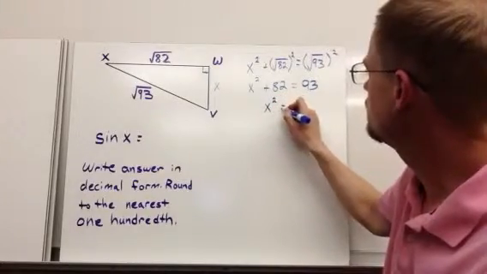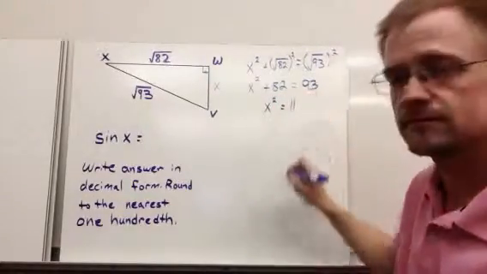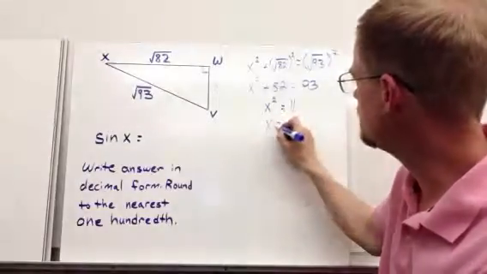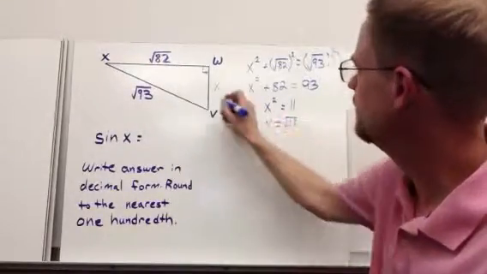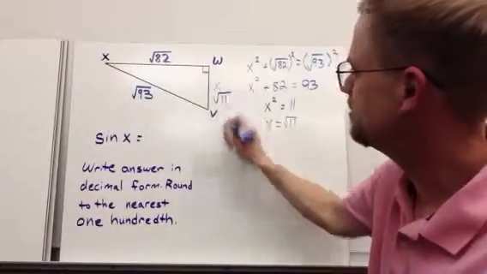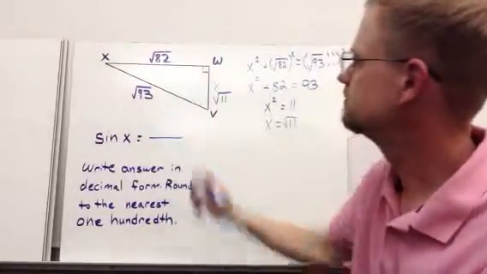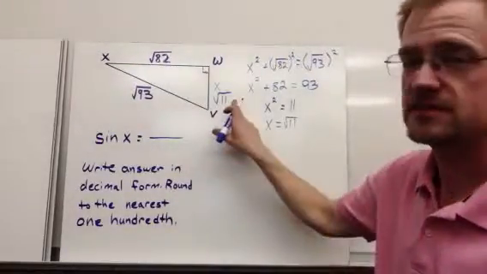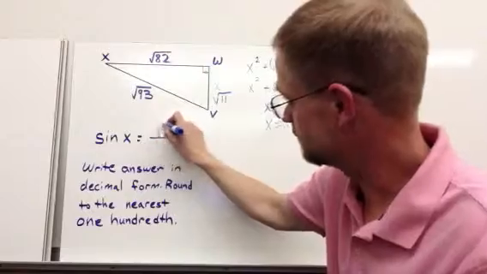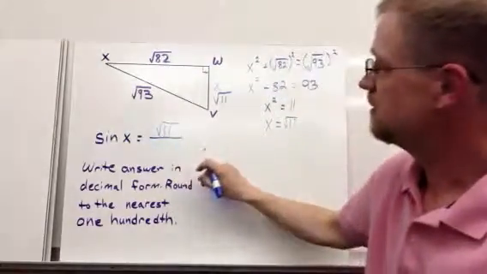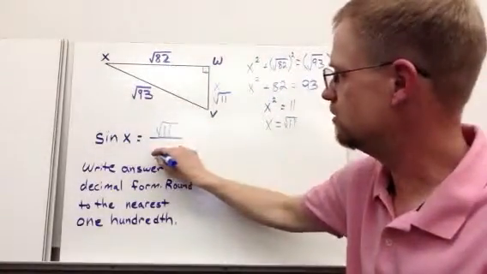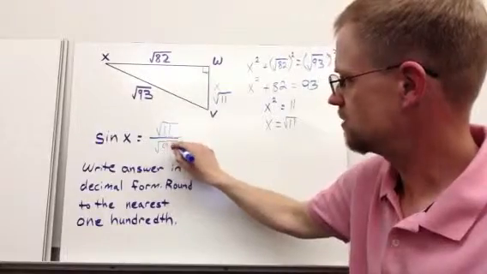X squared will equal 11. So x is equal to the square root of 11. So we'll write that in right there. All right. So opposite of x is square root of 11. The hypotenuse is square root of 93.